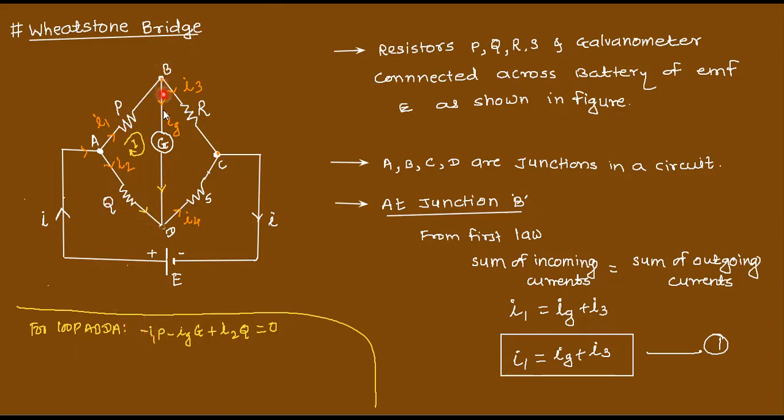Next you are going from B to D, again in the direction of current, again minus IG into G, plus. Now at this point D to A you are going; the current is from A to D and you are going from D to A, therefore the opposite direction, that's why plus I2Q is equal to 0. Same equation I am writing here.